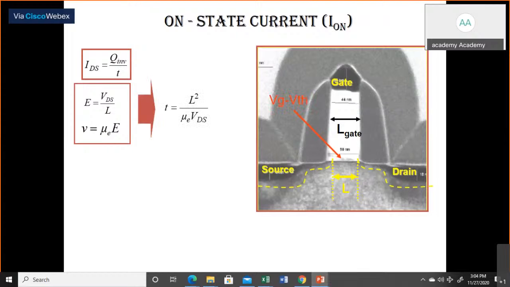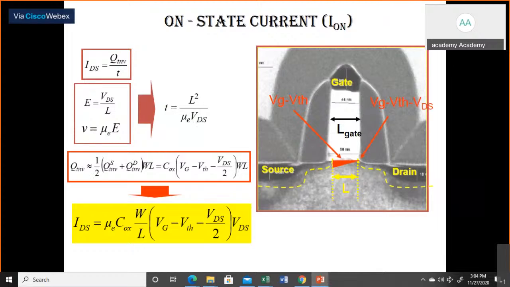So now we have the simple current equation. You can see this is the on-state current in a MOSFET that can be realized by simple ID equal to Q by T, with electric field VDS by L, velocity mu times the field, and the time. If you use these three equations, the time will be equal to L square by mu into VDS.